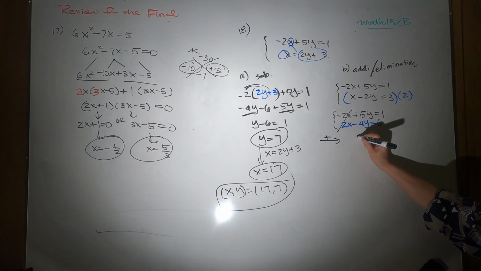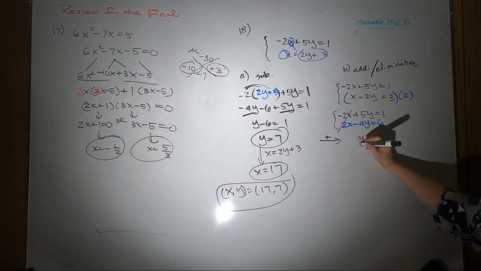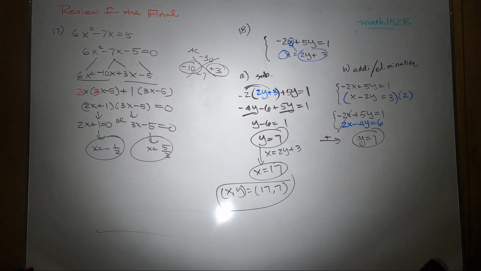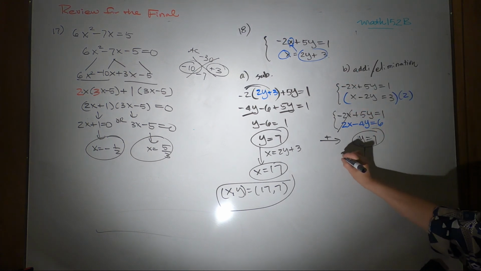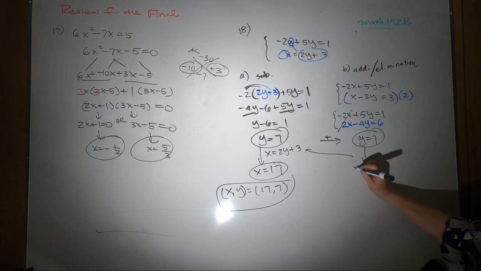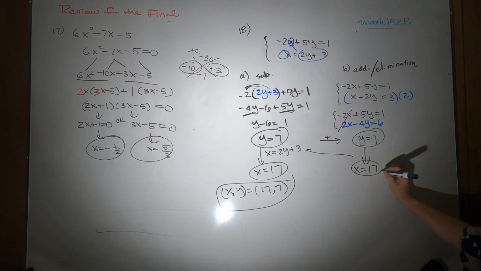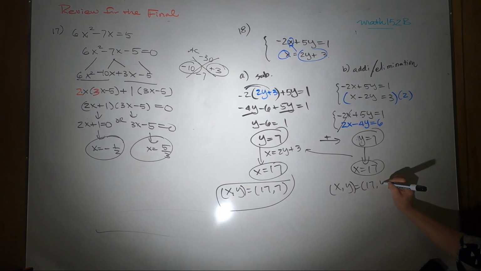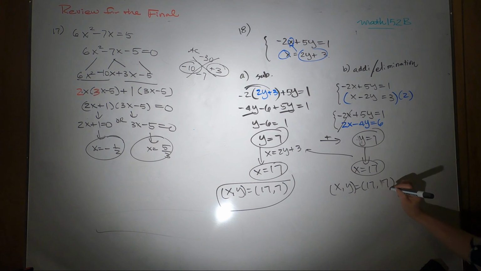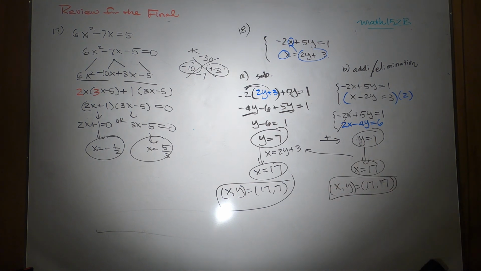So you have y equals 7, right? Then you plug in here, same thing as before, and your x is 17, right? So your x, y is 17, 7. Different methods, you should still have the same answers.